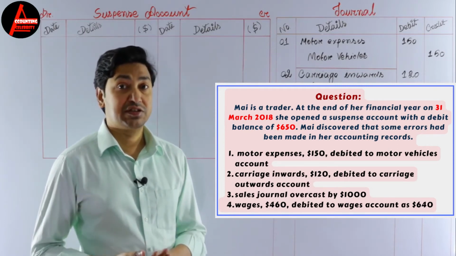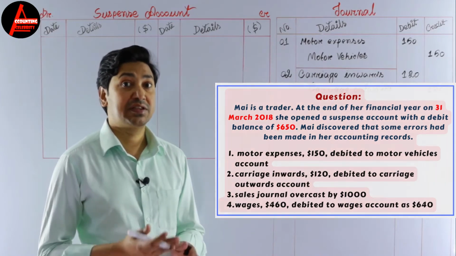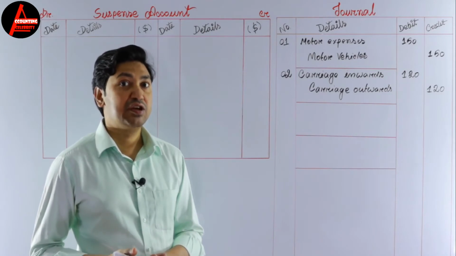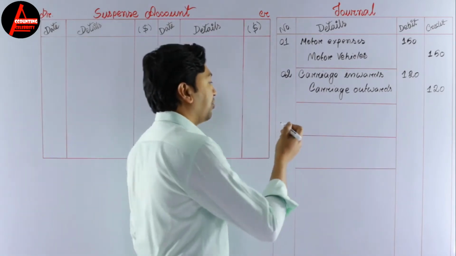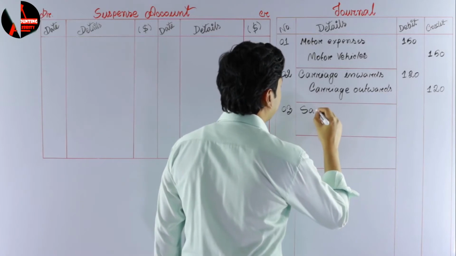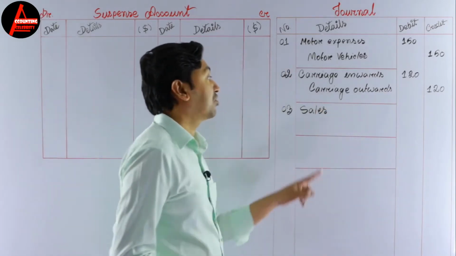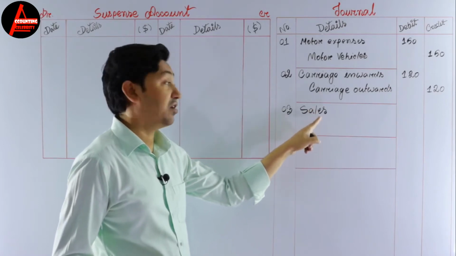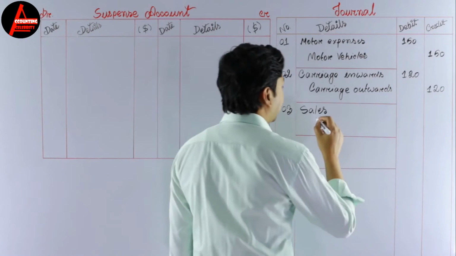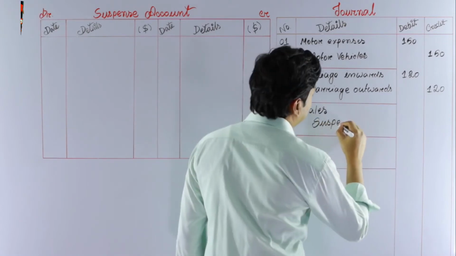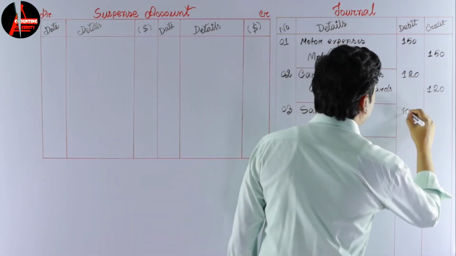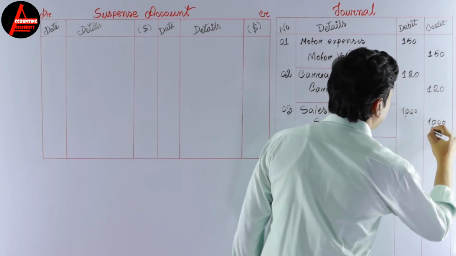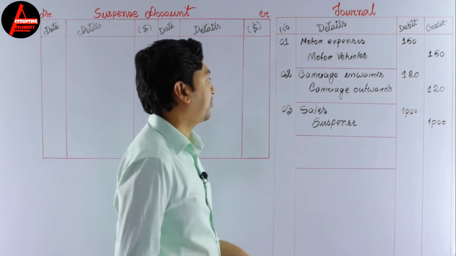To decrease the revenue means the sales will be debited and the suspense account will be credited. So let us write here number 3, sales account to be debited. Do not write sales journal or sales book here. It is simply sales or sales account. Then suspense account to be credited. The amount is $1,000 on the debit side and $1,000 on the credit side. So we rectified number 3.